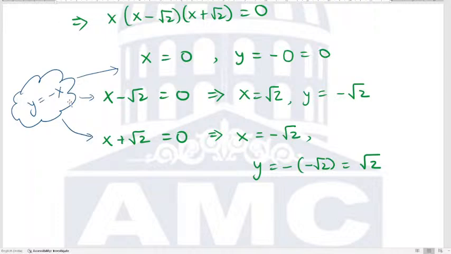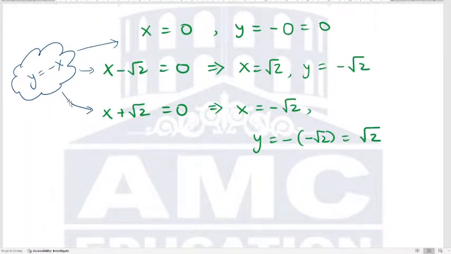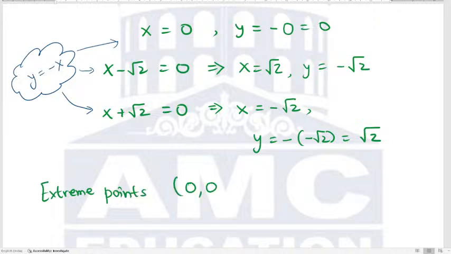Right? So from here, we are going to obtain the extreme points. The extreme points are 0 comma 0, right? And then square root 2 comma negative square root 2 and negative square root 2 comma square root 2.